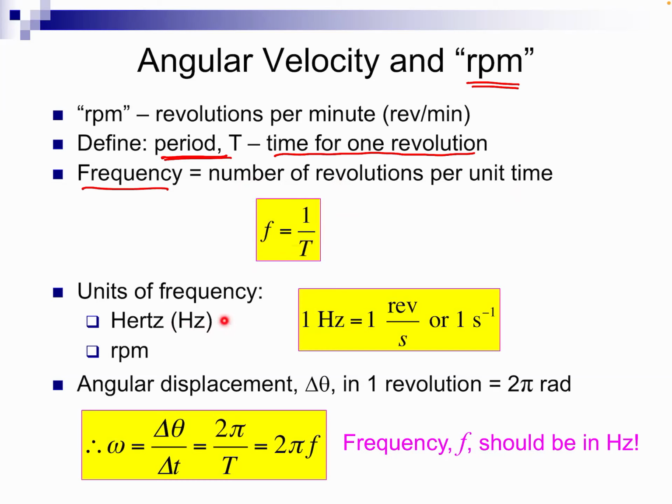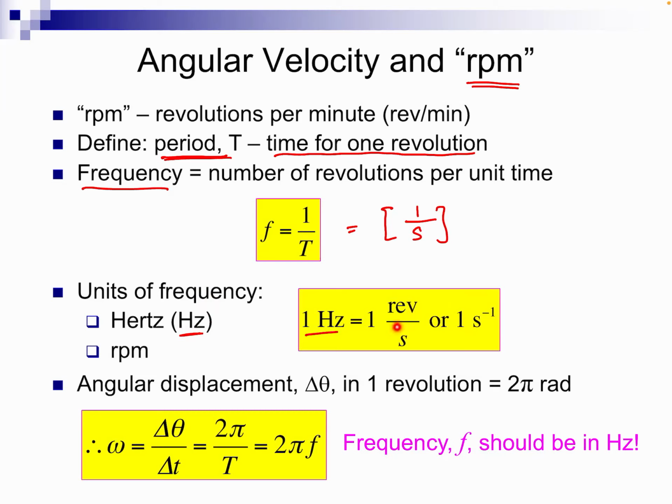So we can see that frequency is measured as 1/seconds or hertz. The SI unit for frequency is hertz. If we look at this mathematical definition for frequency, it's 1/period. Period is measured in time. So in terms of units, this is 1/seconds. And so frequency has a unit of hertz or 1/seconds.